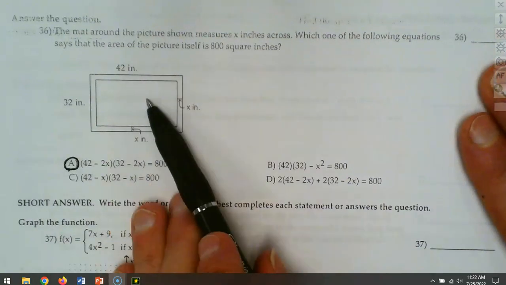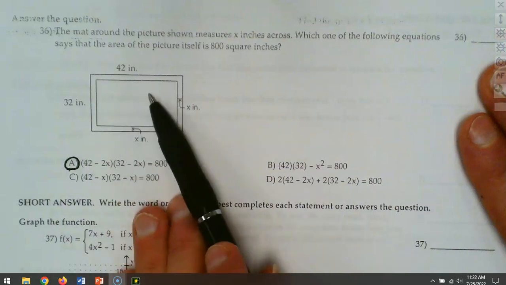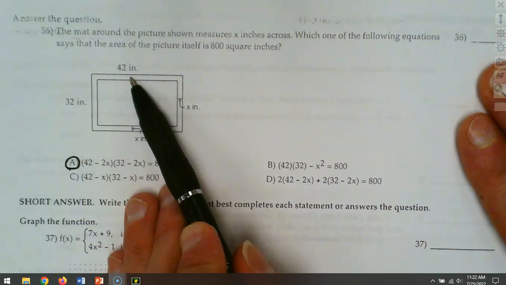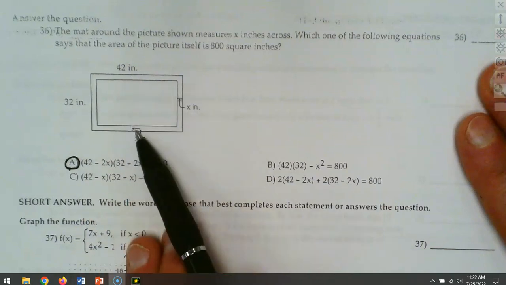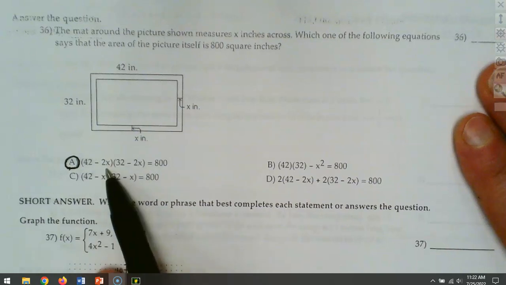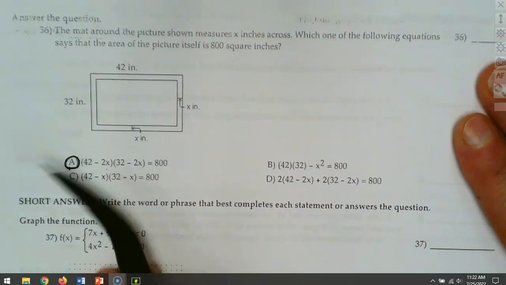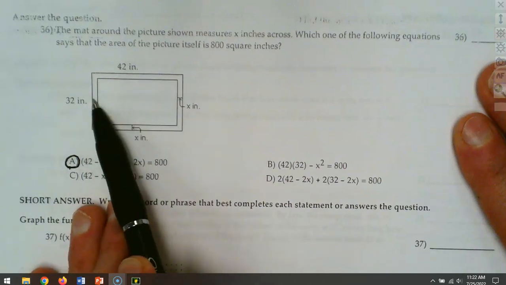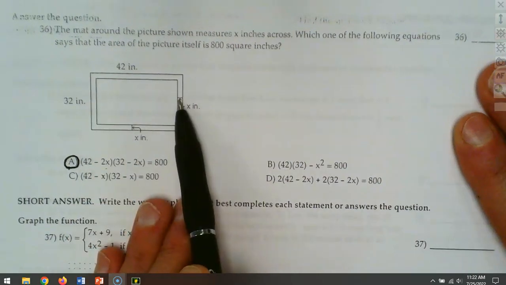Okay, I want this area here. So if this is 32, then I have to take off x on the top and an x on the bottom. So that's why it's minus 2x. And if you're looking left to right, you've got the 42. We have taken x off on the left and an x off on the right.